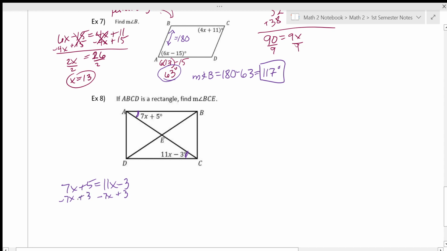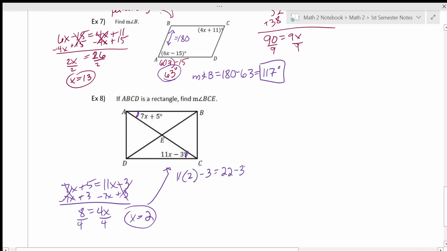Again, getting my x's on the same side and my numbers on the other side. I get that x equals 2. I'm going to plug that in here. 11 times 2 minus 3 is 22 minus 3. So that angle is 19 degrees. Okay, that is this angle here shaded.